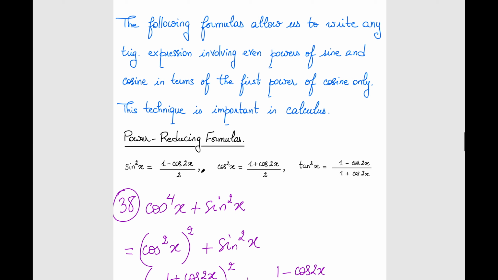Sine squared x equals 1 minus cosine 2x divided by 2. If you replace x by u over 2, you get sine squared of u over 2 equals 1 minus cosine of 2 times u over 2. And what's 2 times u over 2? Simply u. So we get sine squared of u over 2 equals 1 minus cosine of u over 2, right?